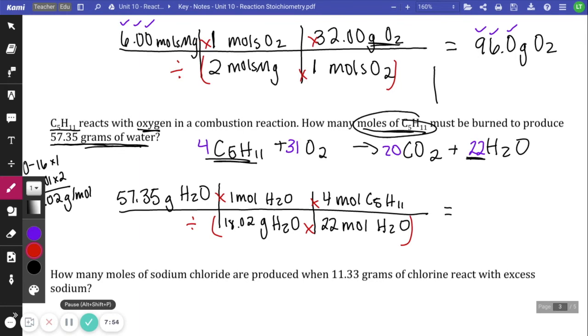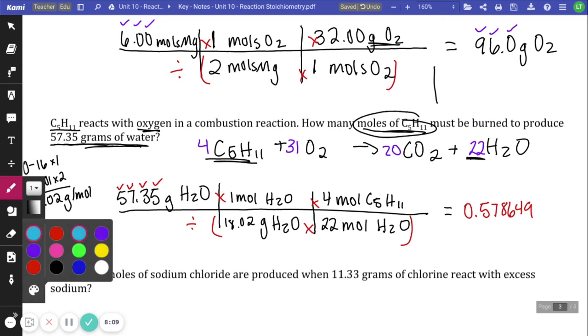And when I did that, I got 0.57864, and so on. All right, but my given has 1, 2, 3, 4 sig figs, so my answer should have 4 sig figs. And so my answer will be 0.5786 moles of C5H11.